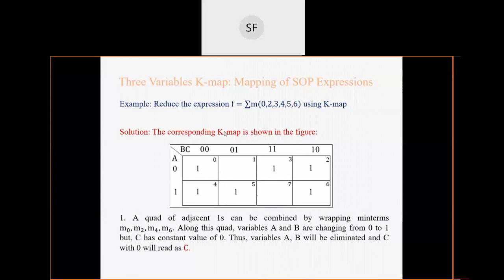Okay. So again, same thing. We are observing a three variable K map. From here also you can observe that since the minterms are from 0 to 6, this has to be a three variable K map.